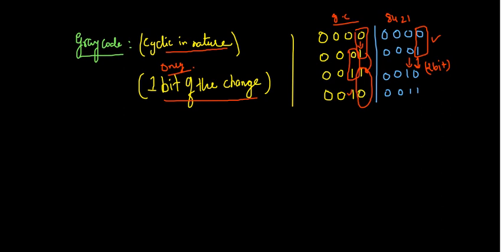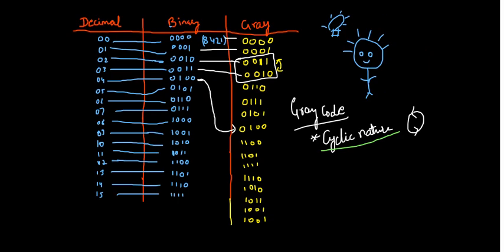Now let's see our table again. After this point you can see what are the bits that have changed. So 0 remained as 0, 1 remained as 1, and this 0 got updated to 1, and in the next one this 0 is updated to 1, and then in the next one this 1 is updated to 0.